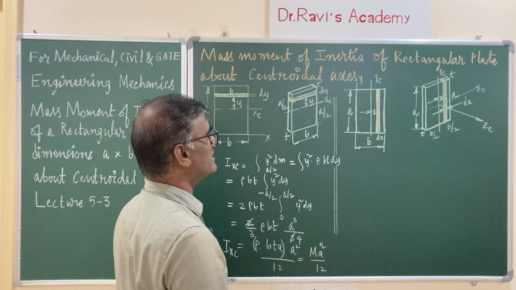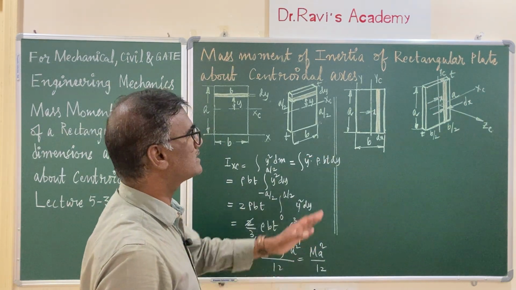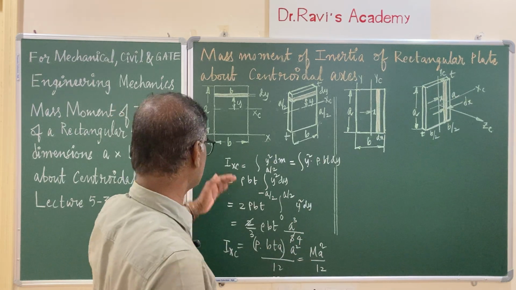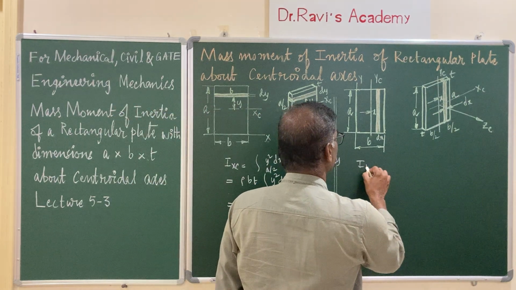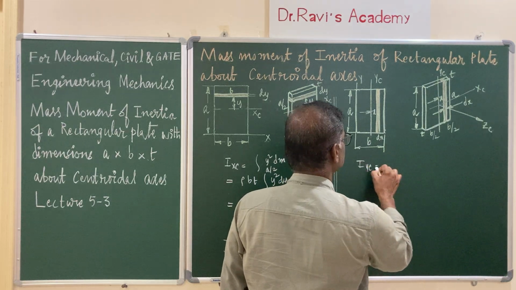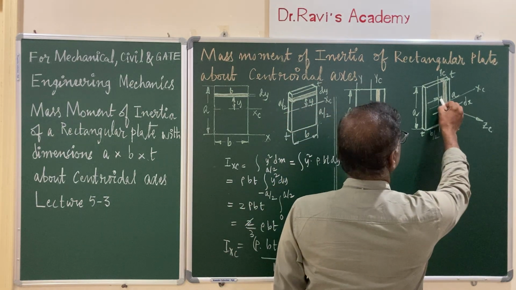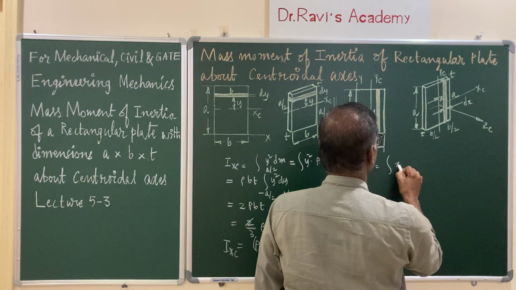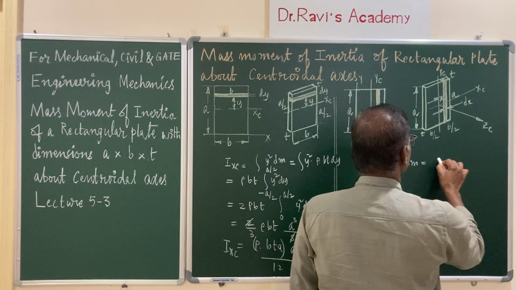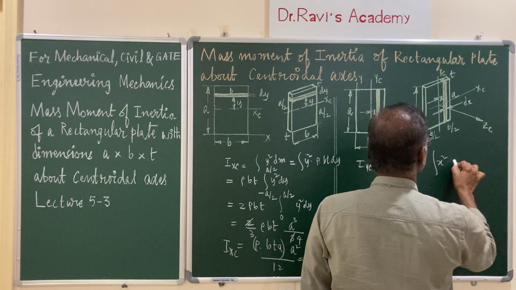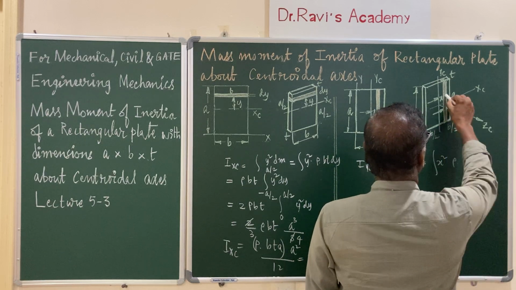So let us see the second case, that is moment of inertia about the y-axis. You have calculated about the x-axis, that is Ixc. You are now calculating about the y-axis, where the distance is x, so it is integral x square dm, and this you can write as x square into rho, the volume of the element.